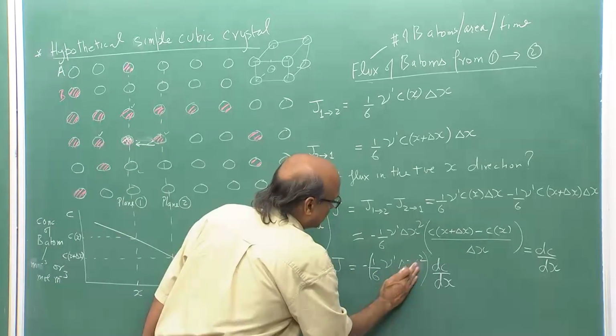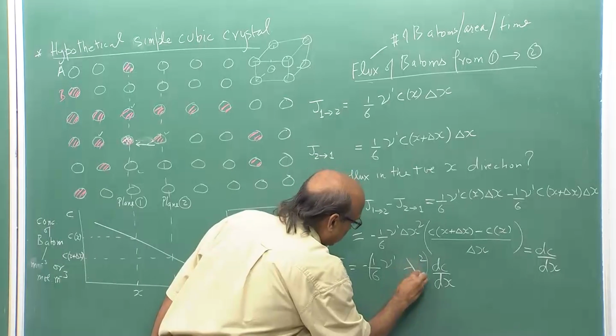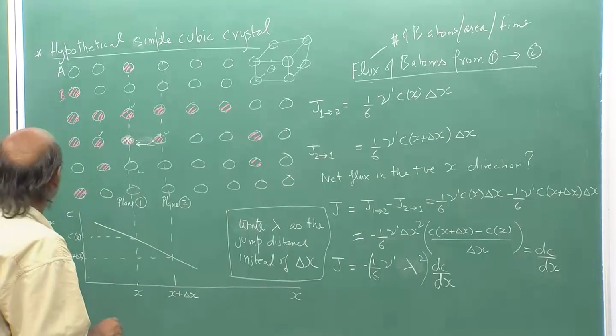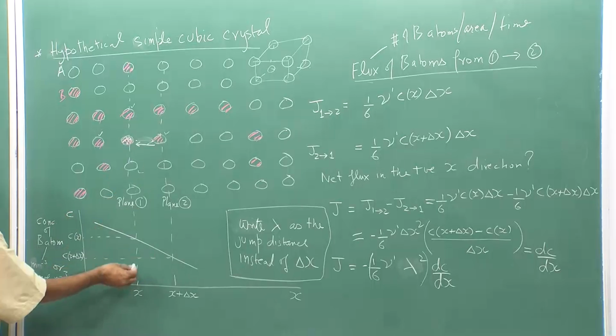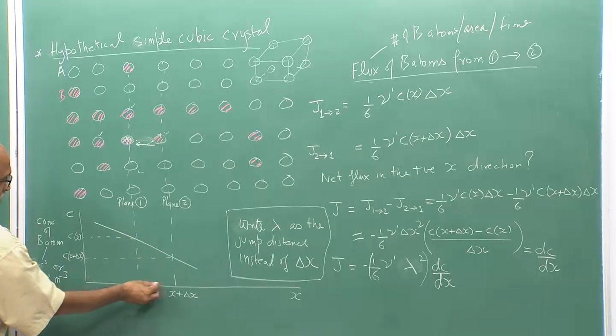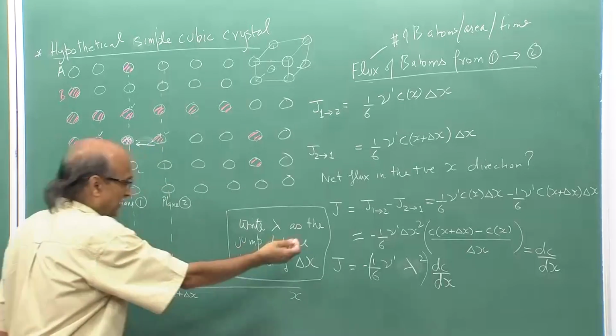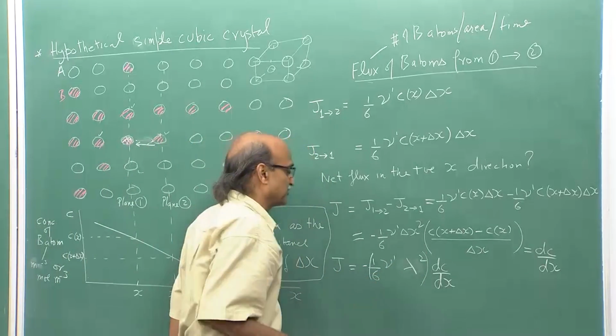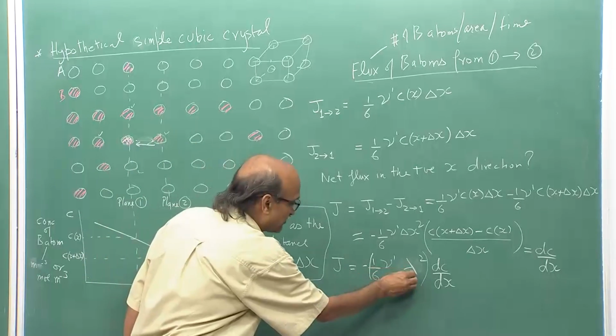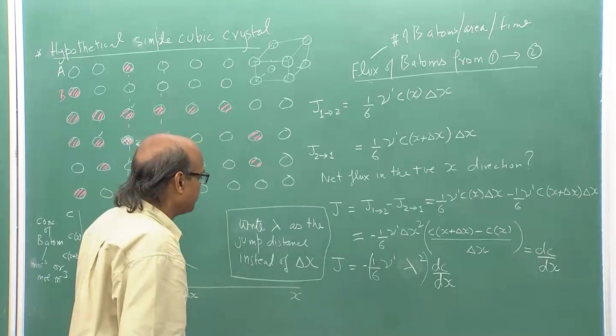So, replace this delta x by lambda. Lambda is the distance between atoms, and in the last lecture also I had taken lambda as the distance between the atoms. So, I have just replaced delta x with lambda.